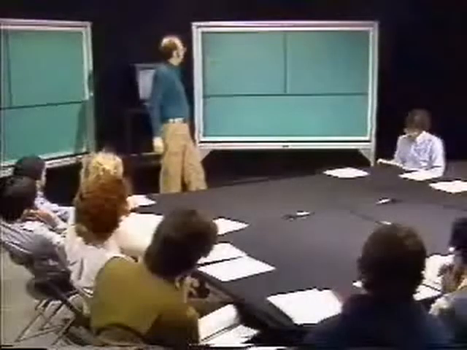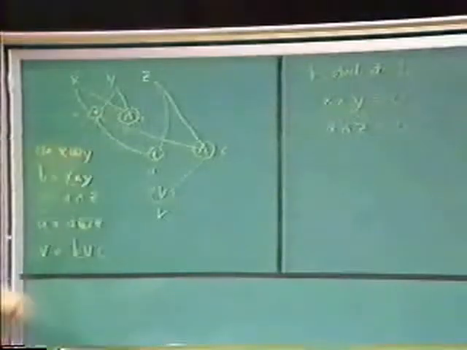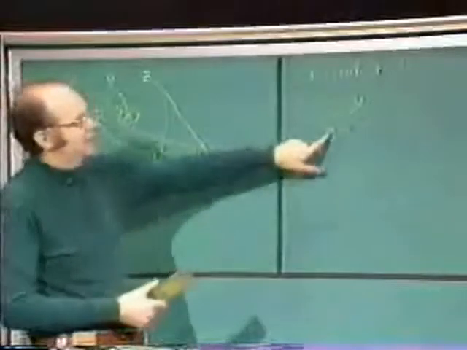Okay, and now A was the exclusive OR of X and Y. So if X and Y are both 0, then it doesn't matter what Z is, because A is 0.